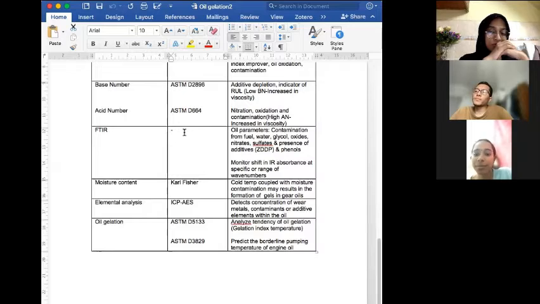The second thing is the temperature, because after it gelatinizes, it can no longer be pumped. Then it can't move to the parts anymore, and that causes damage, failure. So we will do the second test to check the borderline pumping temperature, at what temperature it can start to pump, when the oil is in liquid form.